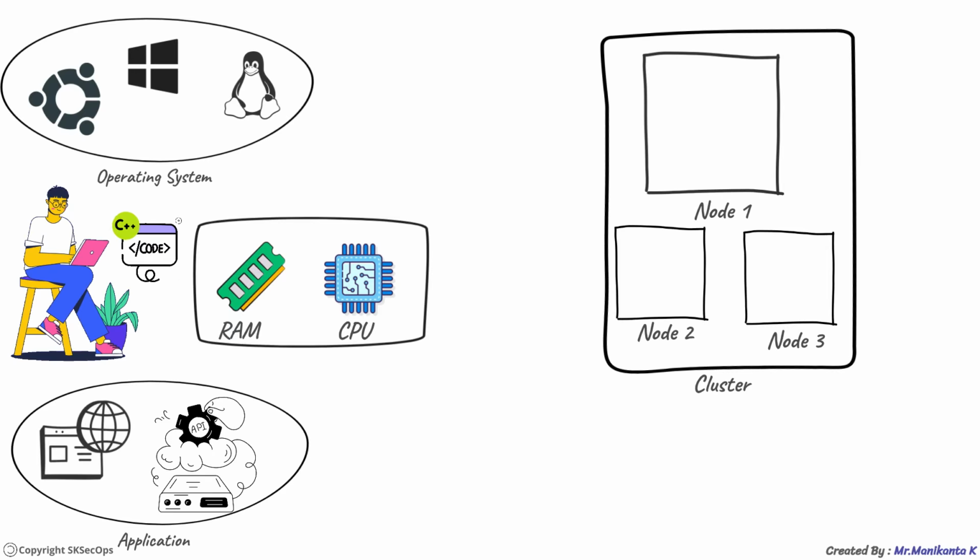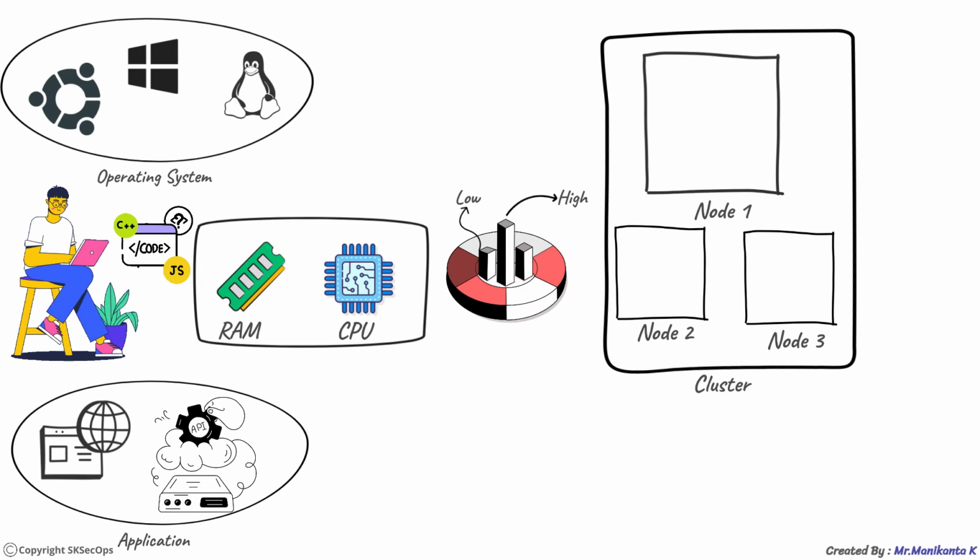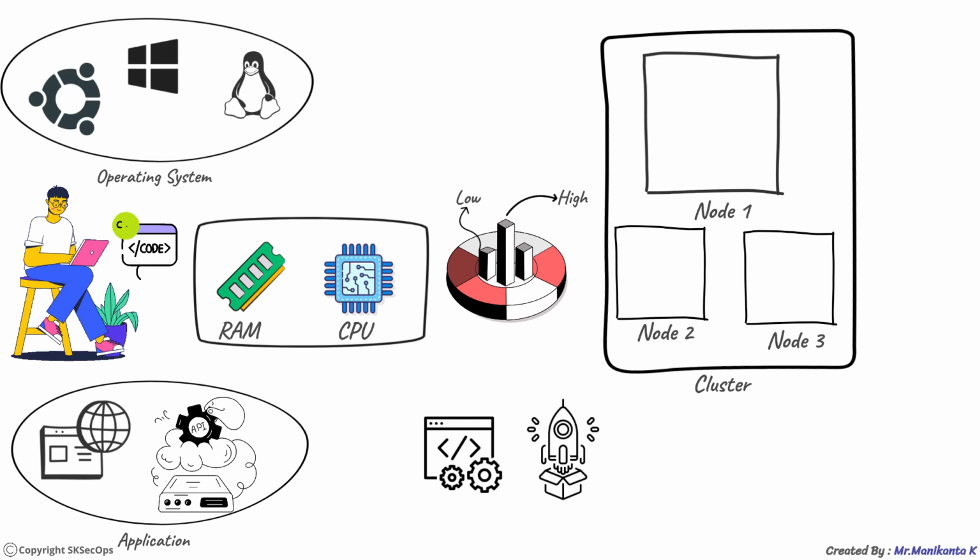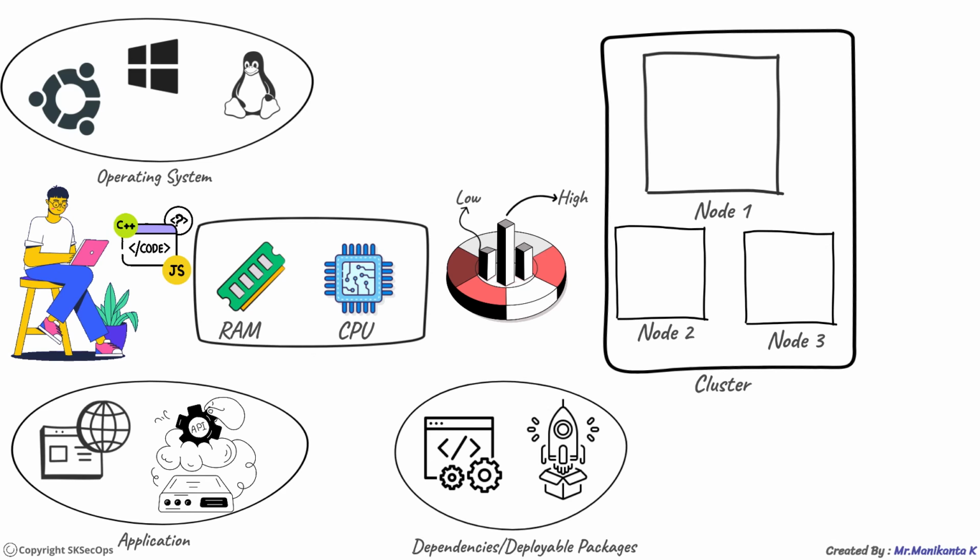Some applications require more computing capacity and some require less, depending on the workload. After having all these and packaging all the required dependencies and code, we deploy our application as a container inside a pod, and the pod will run on any available node.